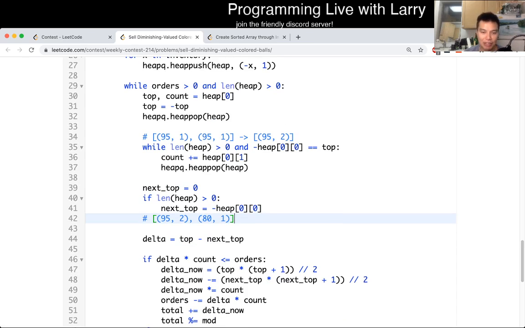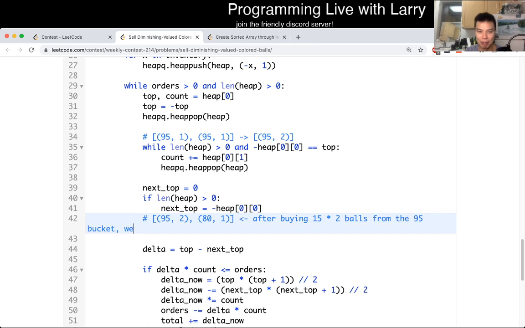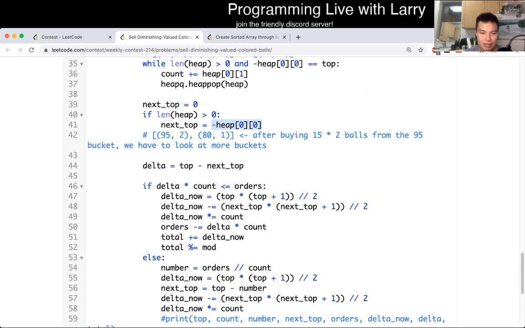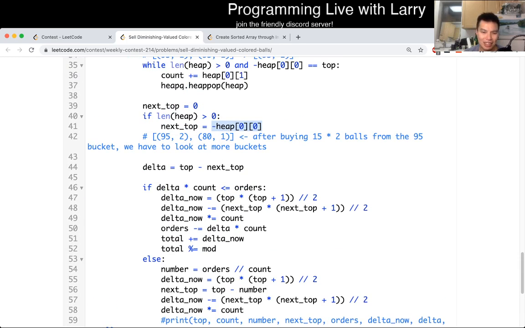Then we take the delta, meaning that after buying 15 times 2 boards from the 95 bucket, we have to look at more items. So that's what we have to do, that's what my next top does here. And then all this is just math.